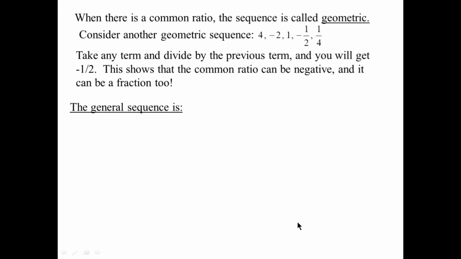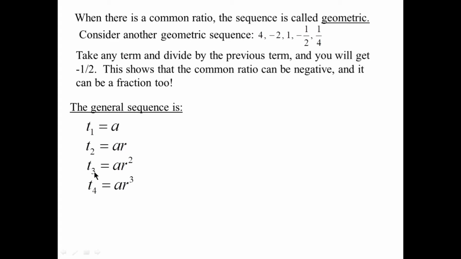The general sequence is, well, the first term is still a, t sub 1 is a, and the next term is a multiplied by the common ratio. And the term after that is ar times r, which is ar squared. And the next term will be ar to the 3. And we can see that the exponent here is always one less than the subscript.